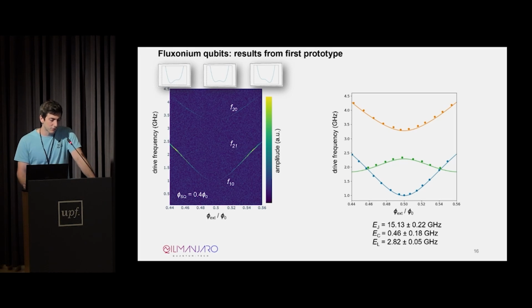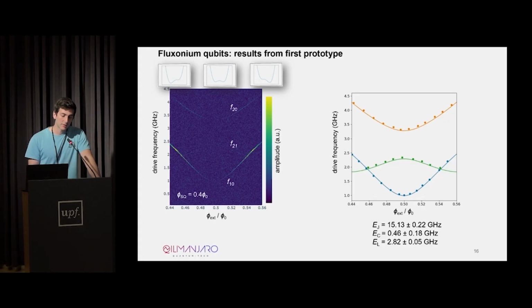This is the signal as a function of the external flux on the x-axis and the drive frequency that we use to drive qubit transitions on the y-axis. On top, you also see the line shape of the potential, on the left and on the right at the extremes of the x-axis, and in the middle at the degeneracy.